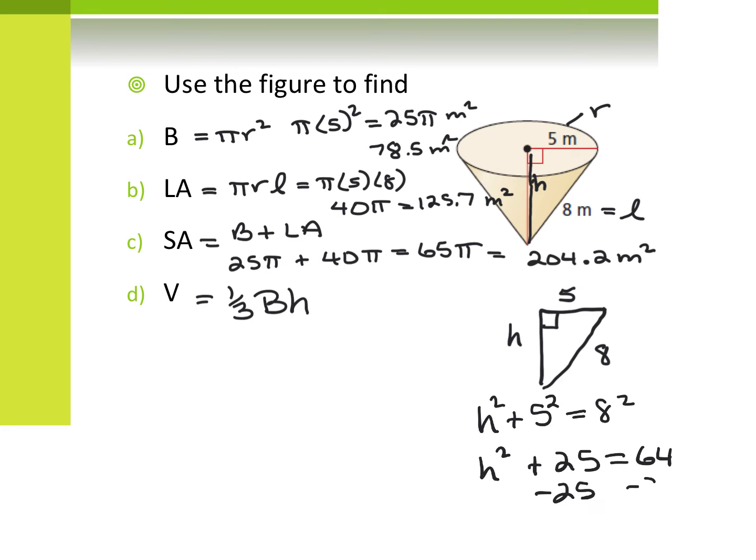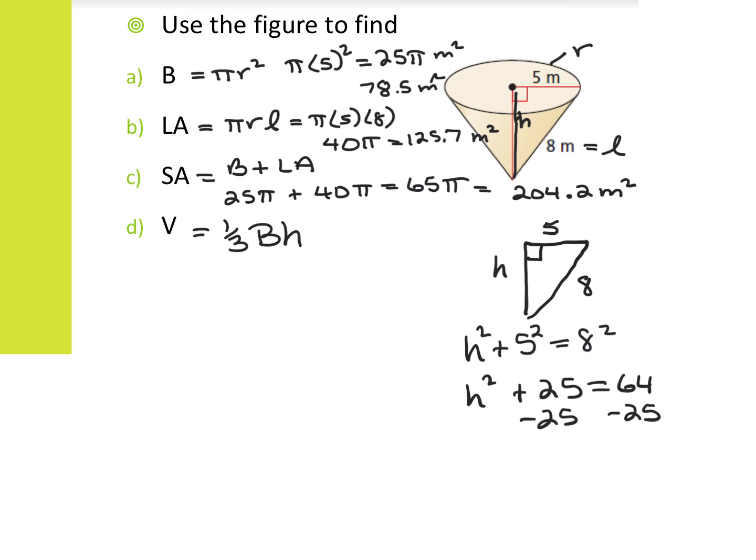Subtract 25. h squared equals 39. Square root it, and the height is the square root of 39. Now, if I could break it down, I would, but I can't because it's just 3 times 13, no perfect squares. So now I can plug it in.